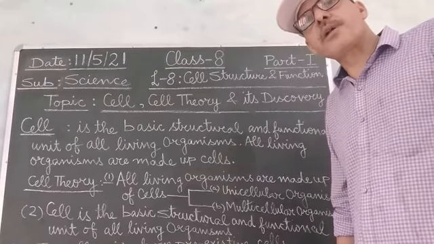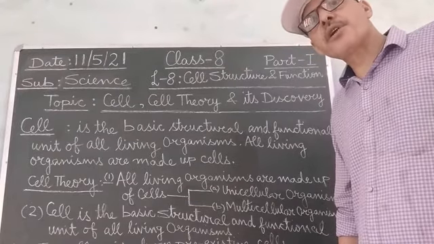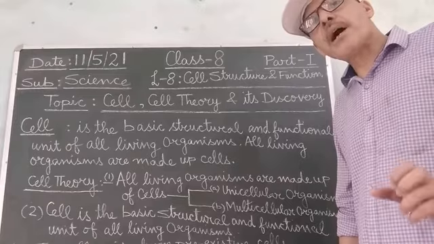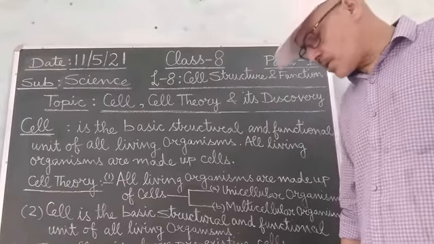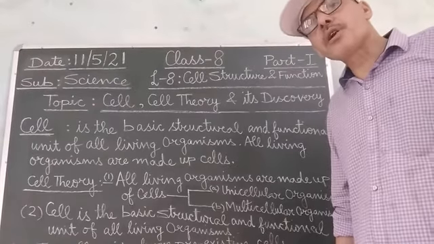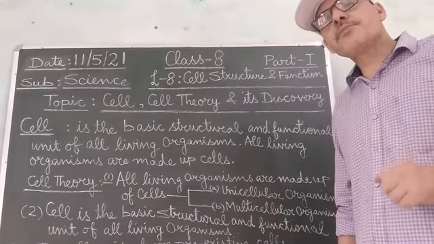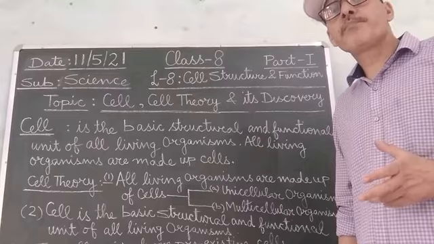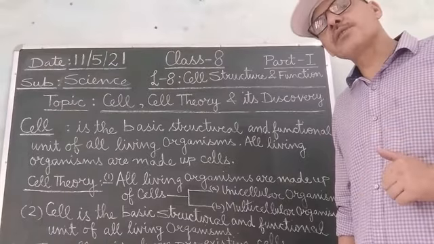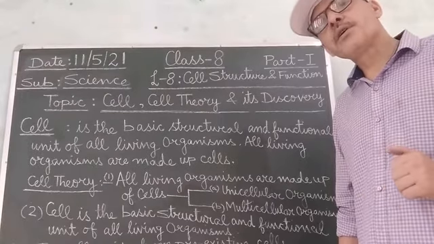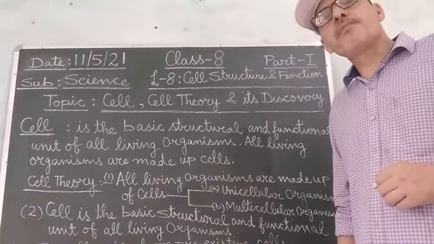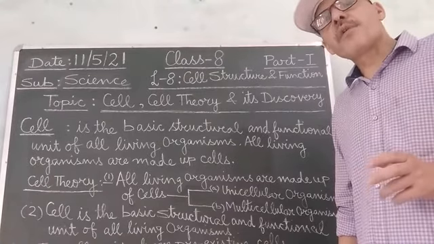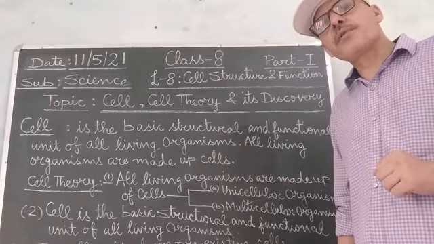Like the RBC, or red blood cells, these red blood cells are biconcave in shape. And what is the advantage of red blood cells being biconcave in shape? It helps them to travel through the narrow blood vessels very easily. Then I will tell you about the shape of the cells found in the muscles of our body.